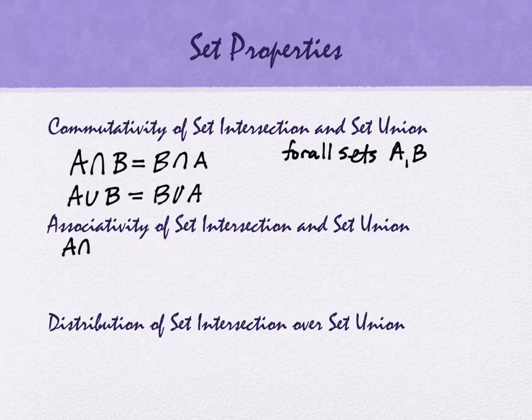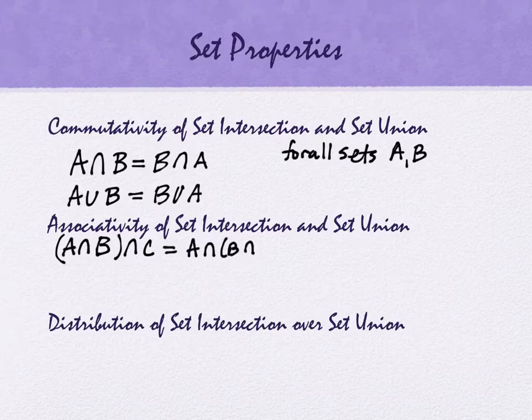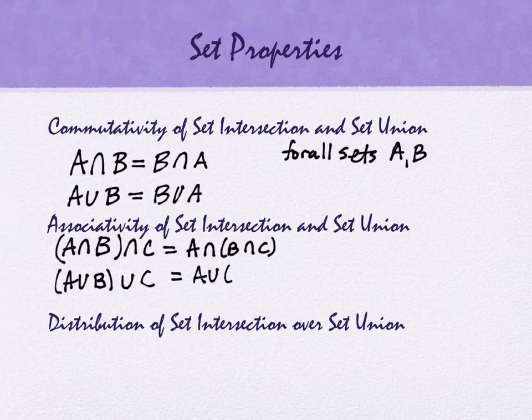If you have A intersect B intersect C, I can regroup the intersections: A intersect B intersect C. And it works the same way for unions. A union B and then union C is the same as A union B union C.